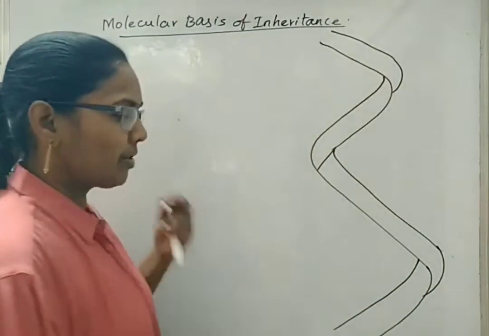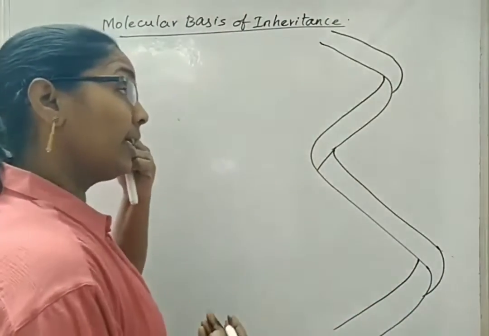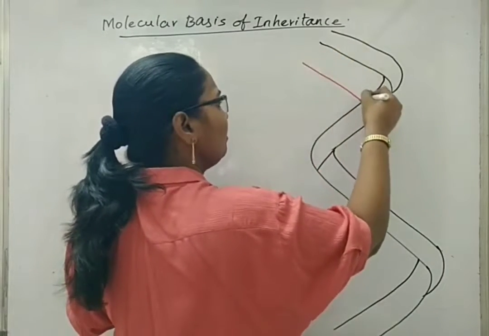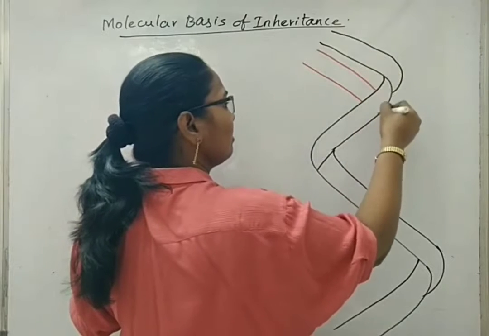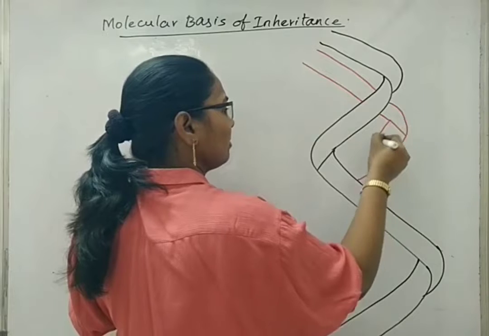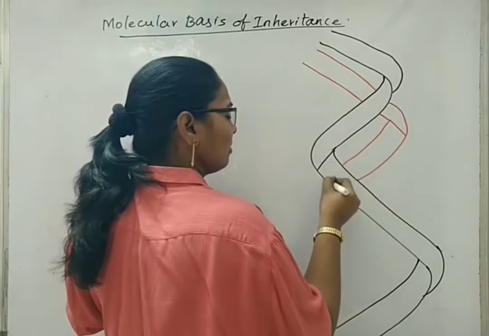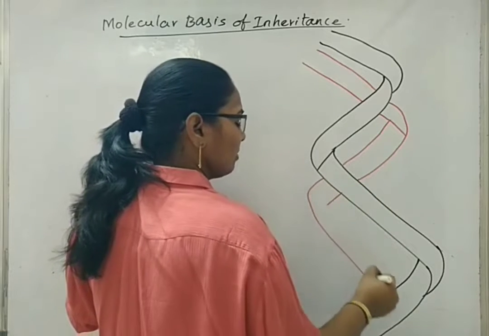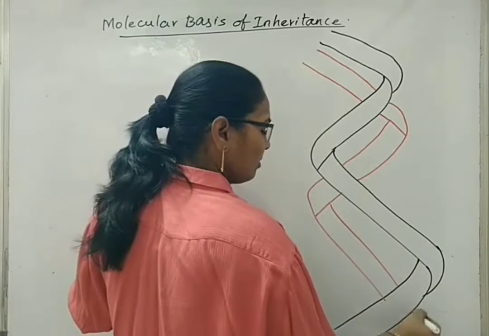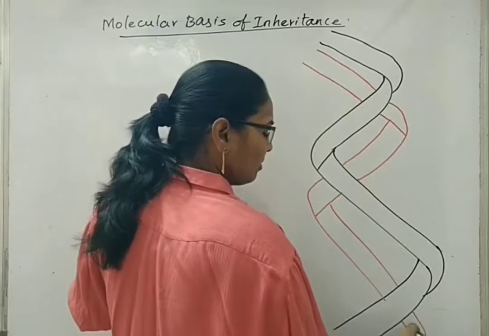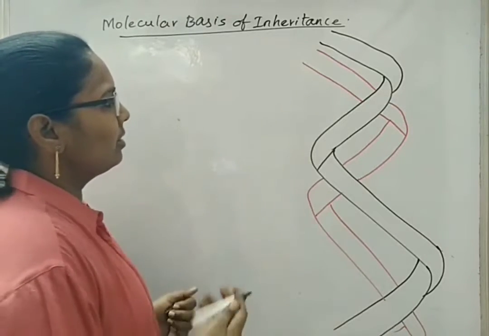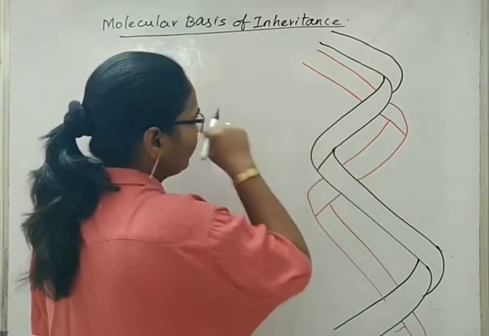If we draw the structure of DNA as a right-handed helical structure, let's give the names of the folded forms.